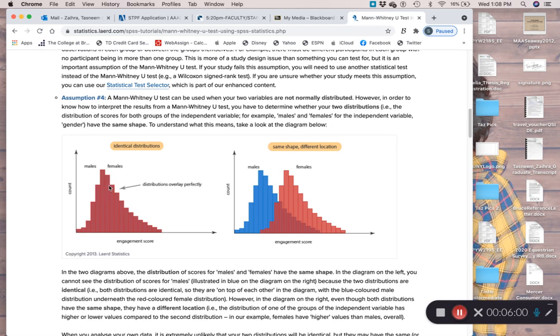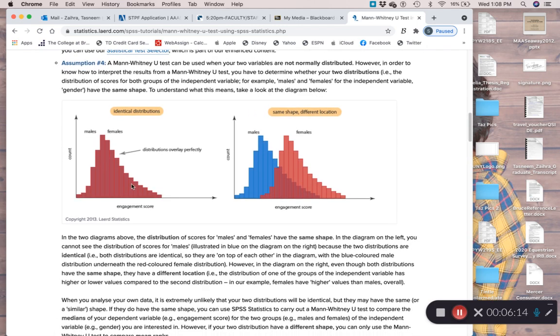We have constructed a histogram of male engagement scores and female engagement scores, and you can't see them because they are overlapping. They have the same shape because the two distributions are identical. The blue colored male distribution is underneath the red colored female distribution. However, in this diagram that you see here on the right side, even though both distributions have the same shape, they have different locations.